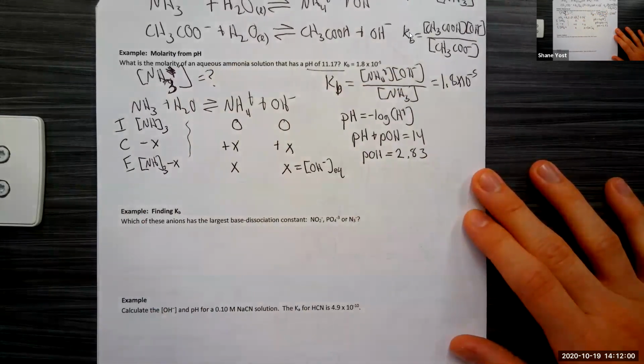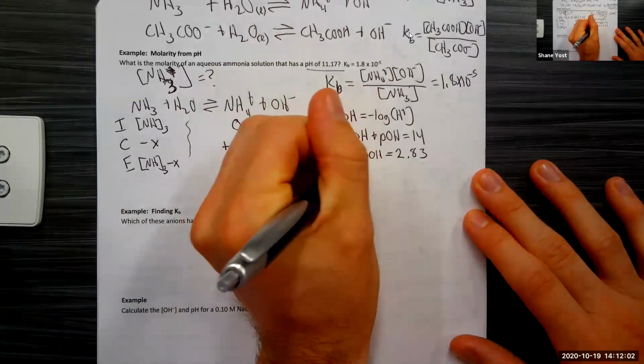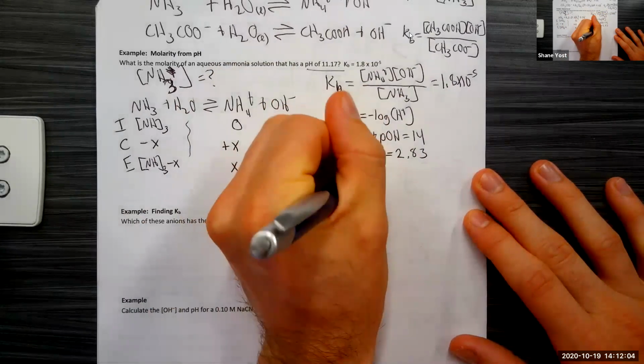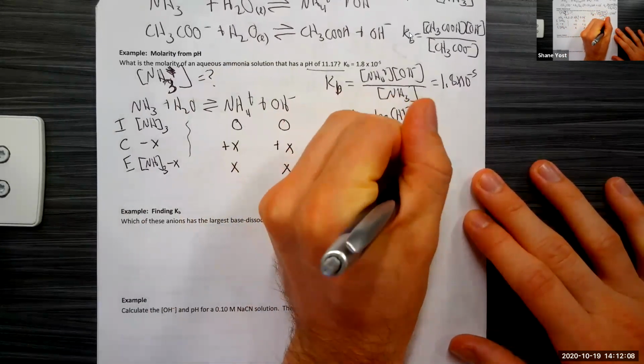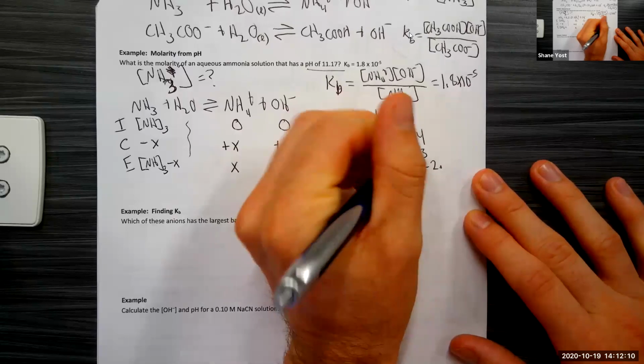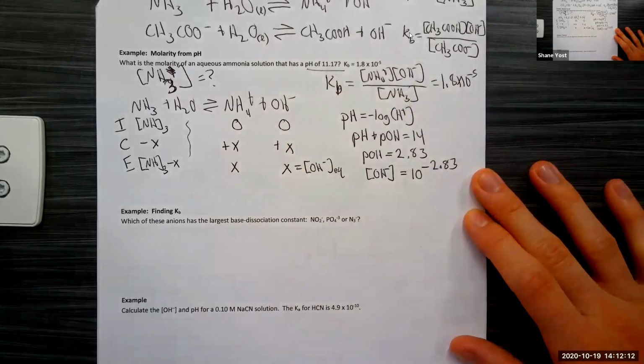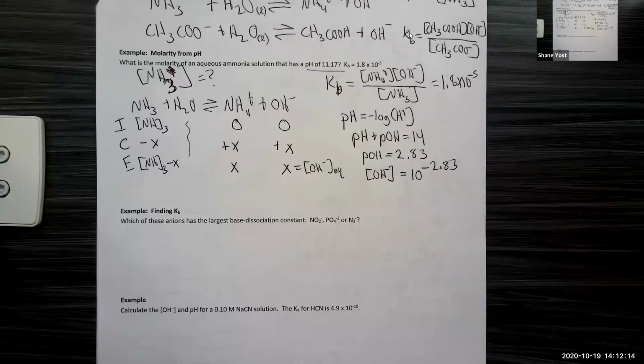And so the concentration of OH minus is then equal to 10 to the minus 2.83. That's how you convert from pH or pOH to the concentration of H plus or OH minus: you just take 10 to the minus pH or 10 to the minus pOH.